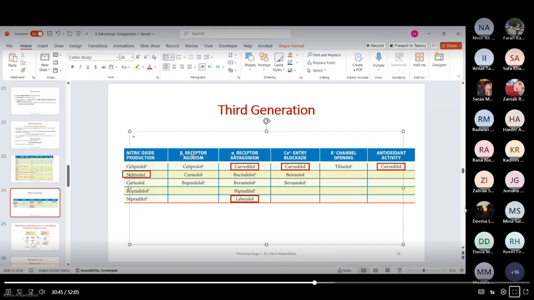Relaxation. Yes, relaxation. So what happens to the vessels? Dilation or constriction? Dilation. There you go. So also vasodilation. But when I block alpha-1 receptors, alpha-1 antagonism, what's the result?